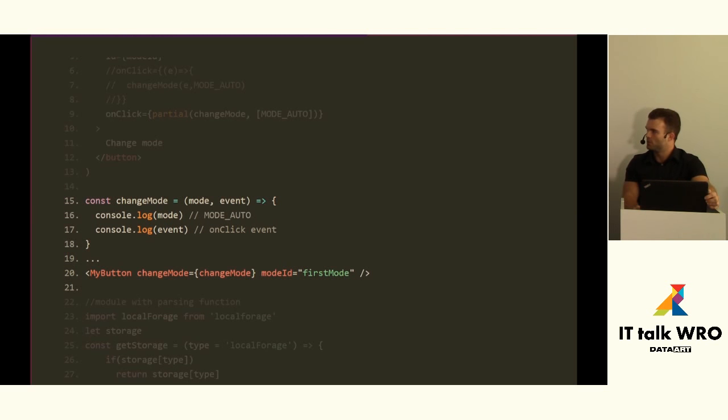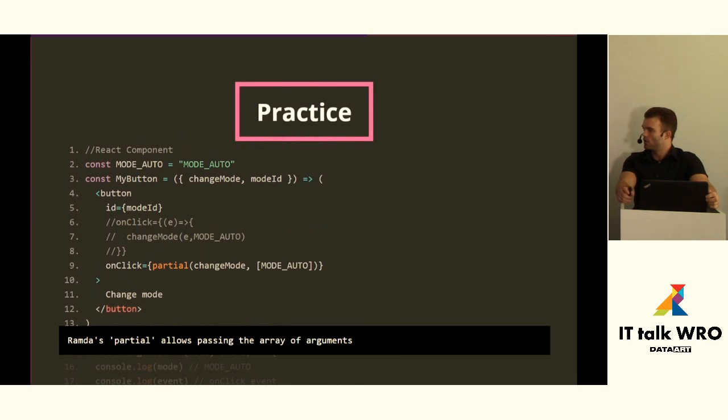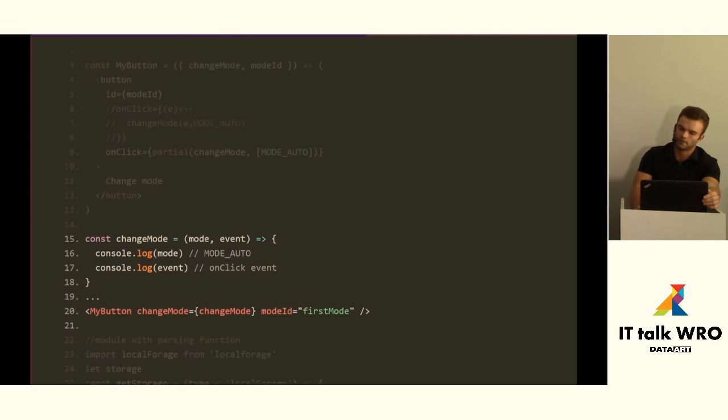As you can see, my changeMode expects two arguments, mode and event. But if I want to do it without partial application, I have to write like here, because I need to define a function which expects only the event, and after that I need to call the changeMode function manually and pass the event and mode auto. But thanks to partial application, I can do it in one line.